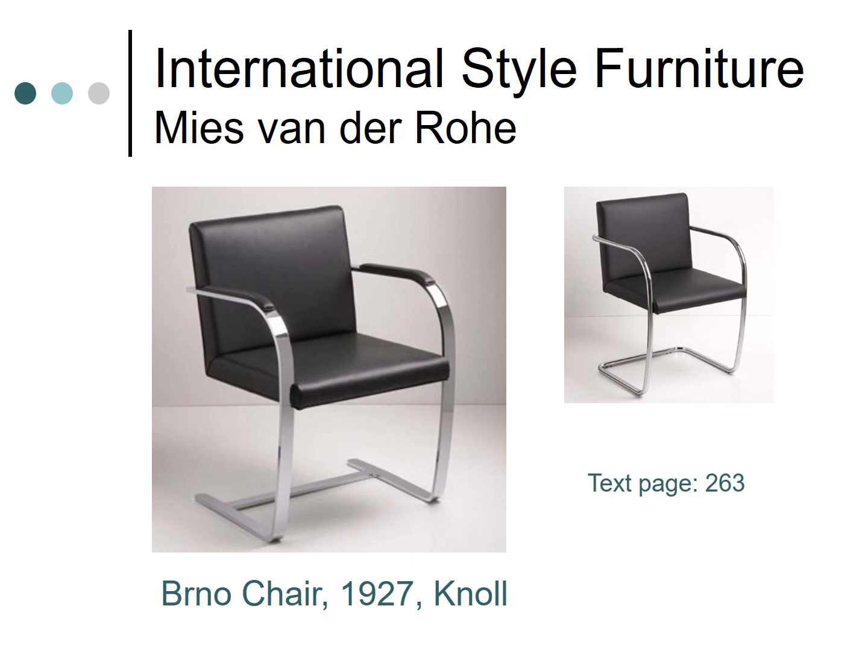His Bruno chair was also very popular. It was developed for the Tugendhat house. Tugendhat is Tugendhat, which is in the city of Brno in the Czech Republic. And it was designed again similar to the Barcelona furniture, to create that harmonious relationship between the architecture and the furniture.